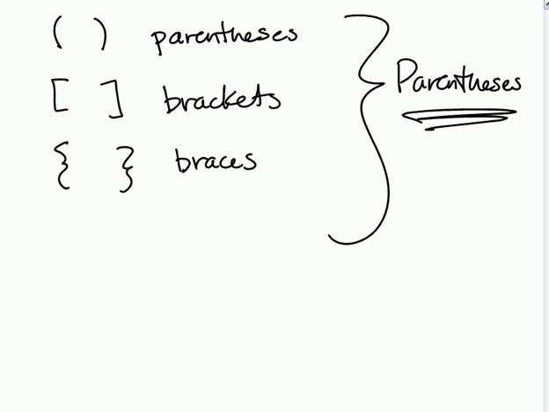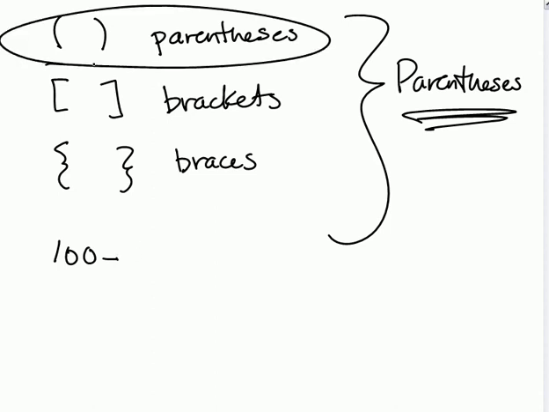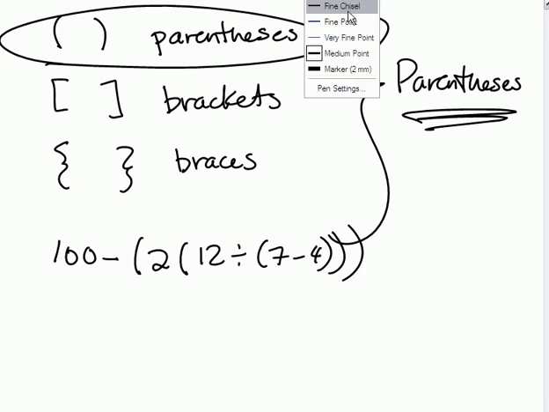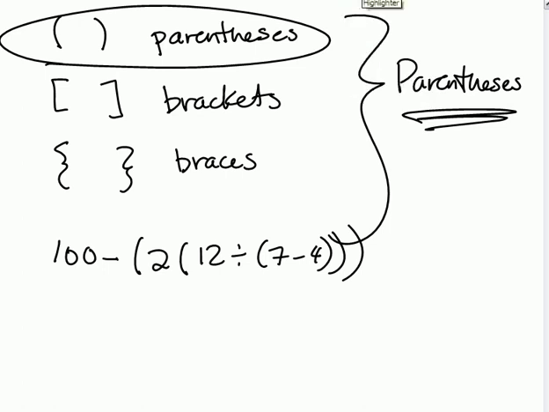How this might come up, for example, is if I have 100 minus, and I'm going to use all of these parentheses first and show you how messy it can get. I'm going to say 100 minus (2 times (12 divided by (7 minus 4))), closing parentheses, closing parentheses, closing parentheses. Let me indicate who goes with what.